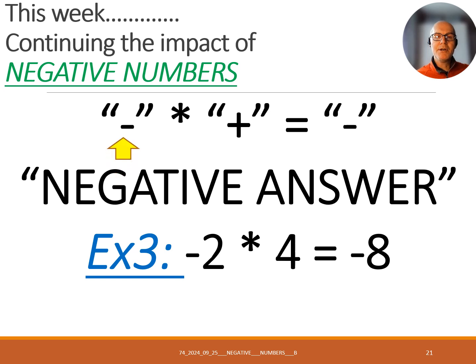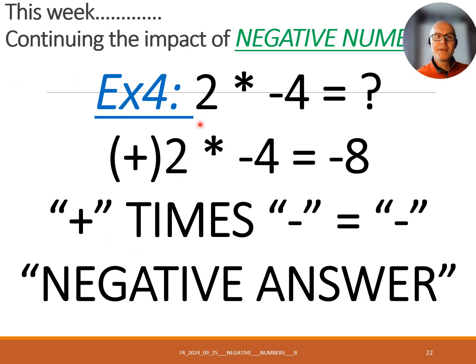Any negative number times any positive number equals a negative answer. In this example, negative 2 times positive 4 equals negative 8. This example, 2 times negative 4.